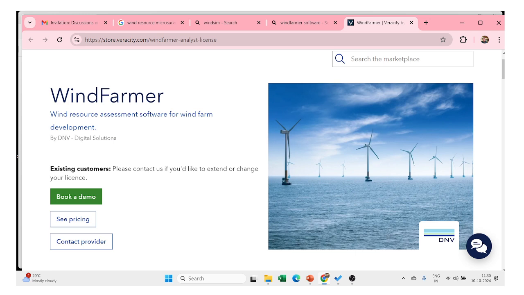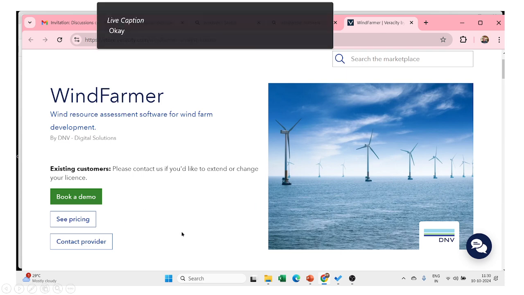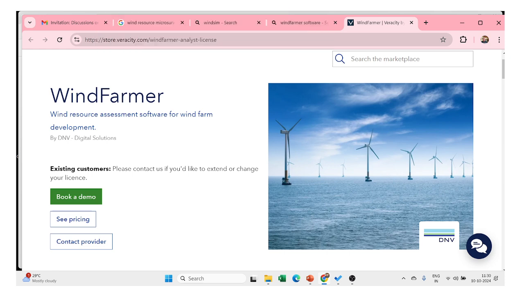GL is a German company, Germanischer Lloyd. They bought Garrad Hassan, a company which was doing wind farm planning, and GL was then bought by DNV.